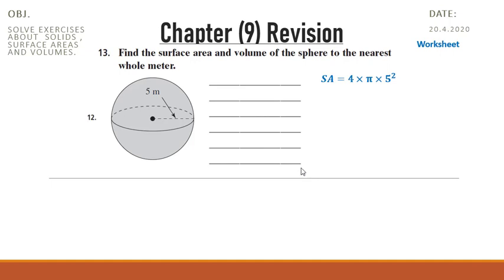Okay, so 4 pi r square. Just use your calculator. You will find that the surface area is approximately 314 square meter. Okay, guys, remember this is square meter, this is area. Okay, the next one. Thank you, Saud.